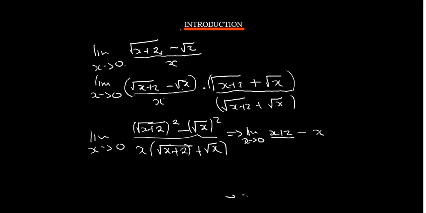Then over we have x, open bracket, root of x plus 2, then plus root x, like that. So if you do that, you are going to have limit as x approaches 0.